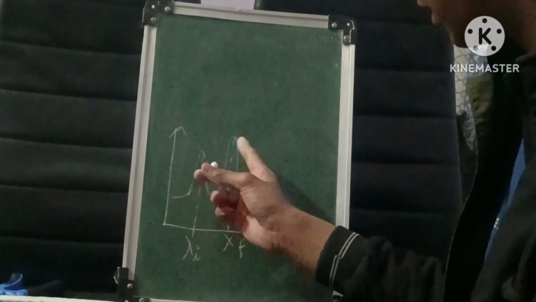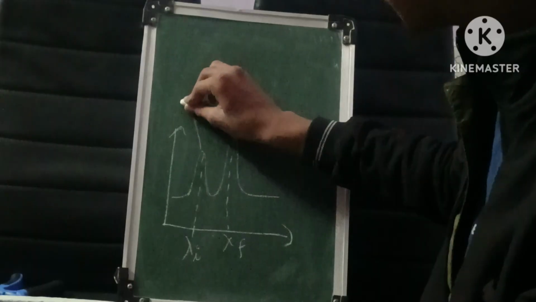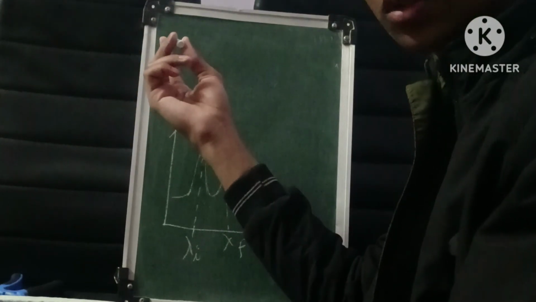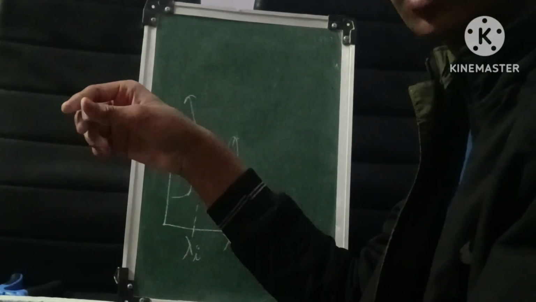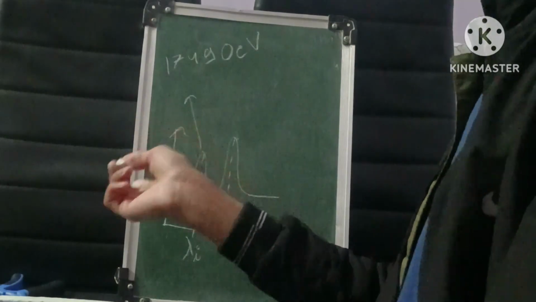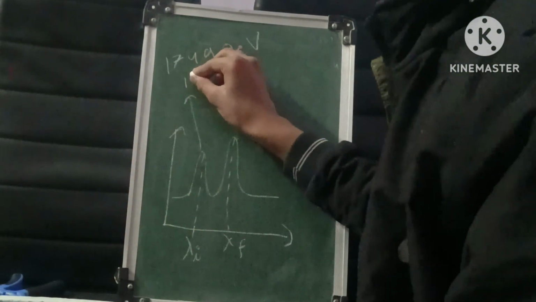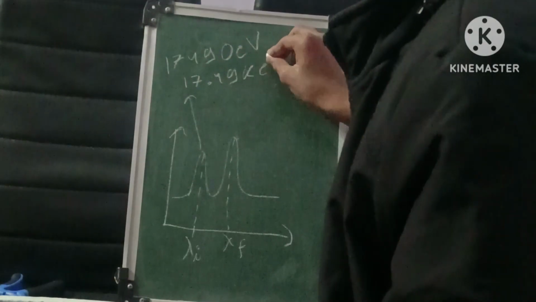From this graph we have two peaks. The first peak is the unscattered photons that have the original shorter wavelength and high energy. The energy of the initial wavelength was 17.49 keV.